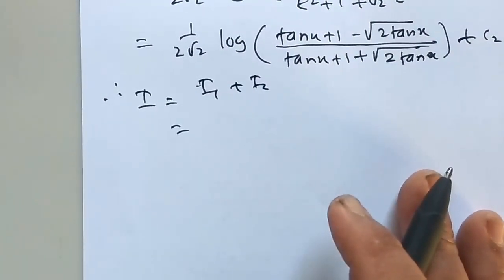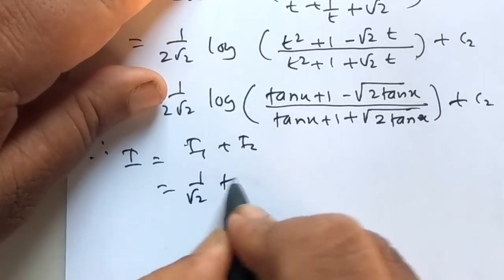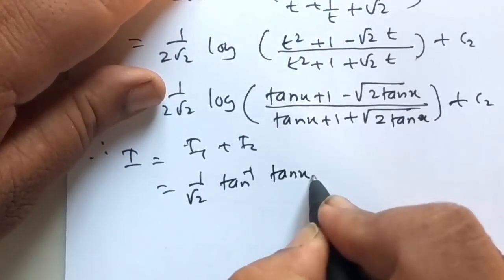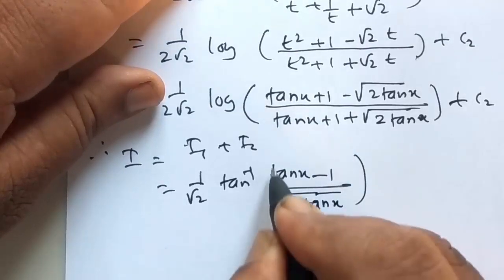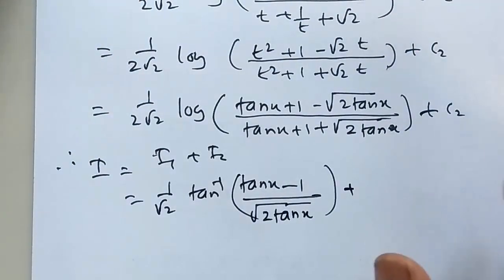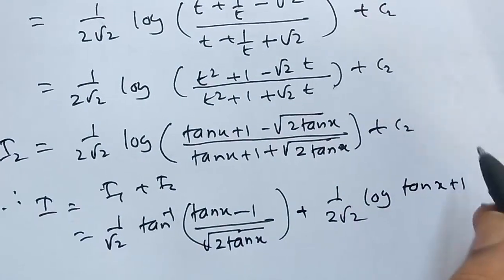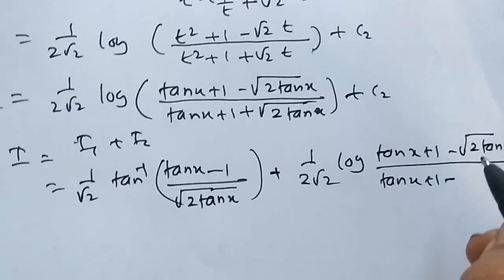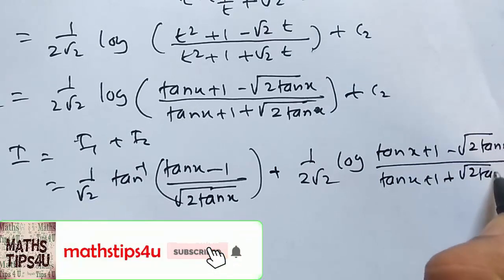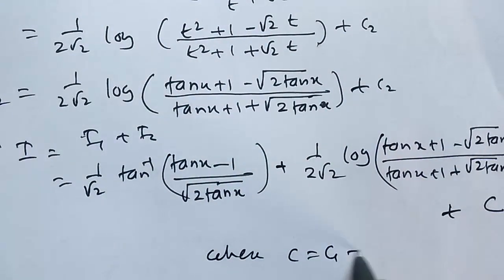So I1 is equal to 1 upon root 2 tan inverse of tan x minus 1 upon root 2 root tan x, plus I2, which is equal to 1 upon 2 root 2 log of tan x plus 1 minus under root of 2 tan x upon tan x plus 1 plus root 2 tan x, plus c, where c is equal to c1 plus c2.